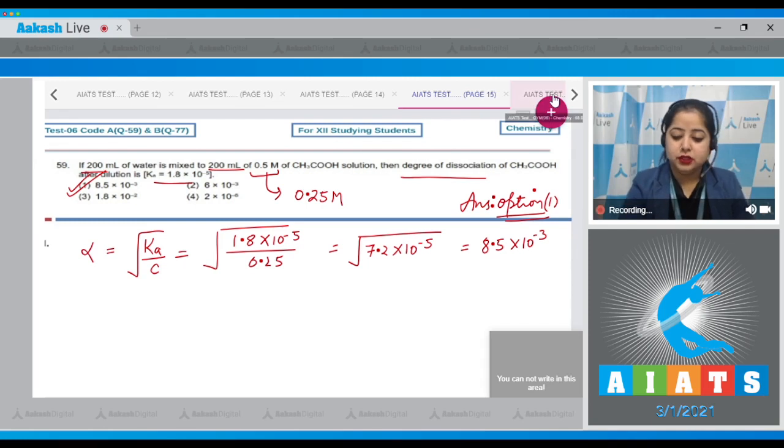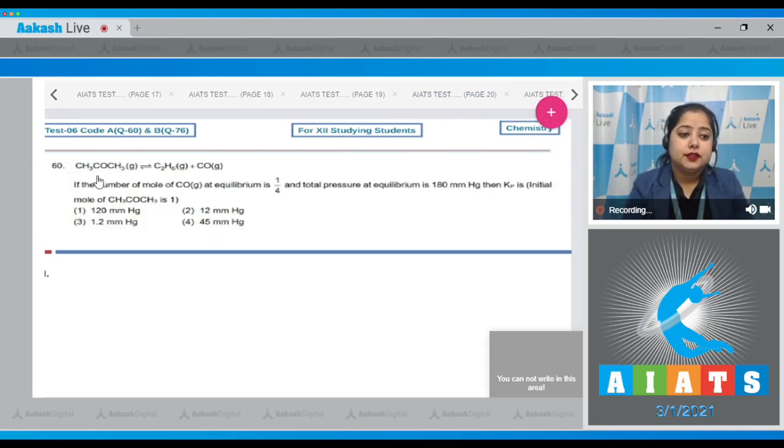Moving to next question, that is question number 60. CH3COCH3 gives C2H6 plus CO. If the number of moles of CO gas at equilibrium is 1 by 4 and the total pressure at equilibrium is 180 mmHg, then Kp is. We are given the initial number of moles of CH3COCH3, that is acetone, which is 1.